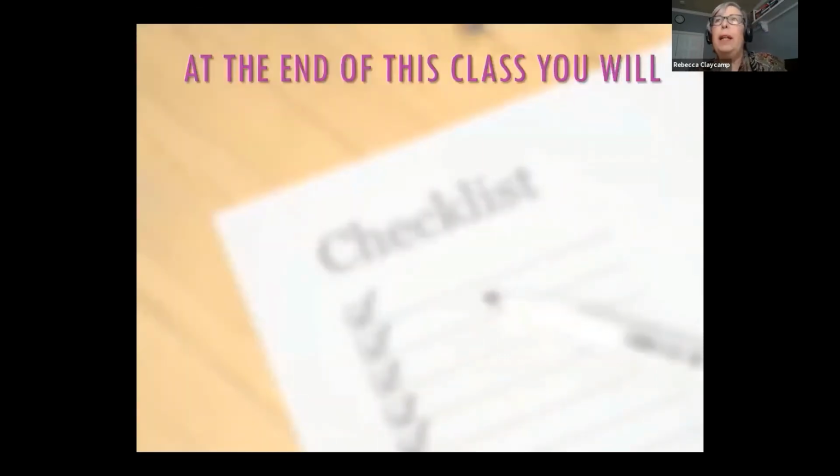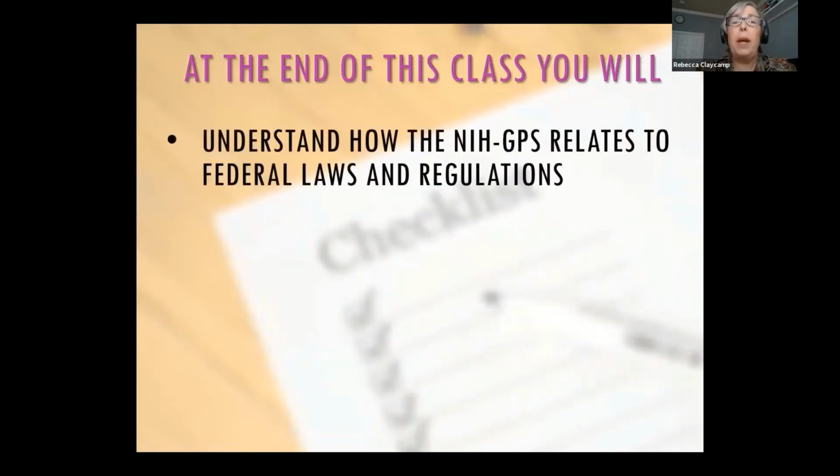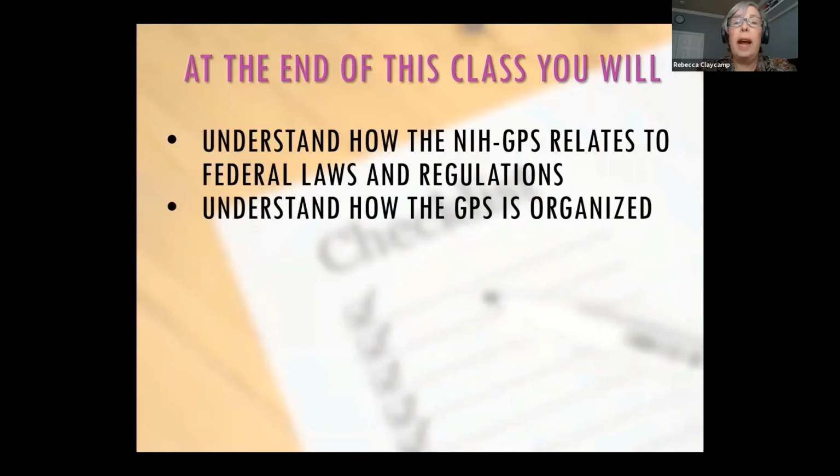Good morning. At the end of this class today, I'm going to quickly go through some caveats to get us through the class today. I'm hoping that you'll be able to understand the NIH Grants Policy Statement and how it relates to the federal laws and regulations. I hope you will understand how the Grants Policy Statement is organized.